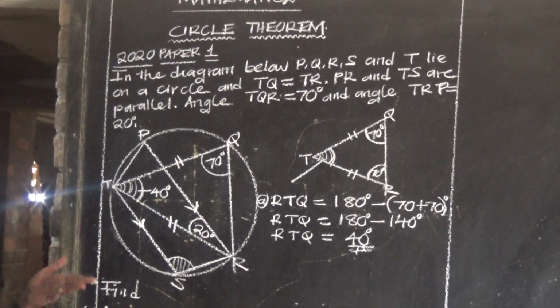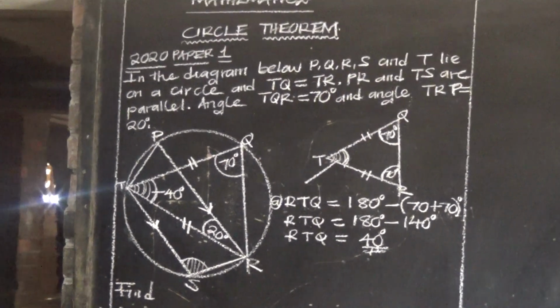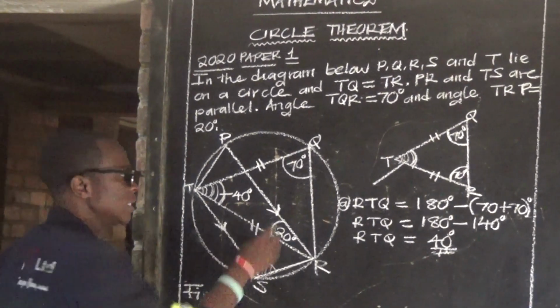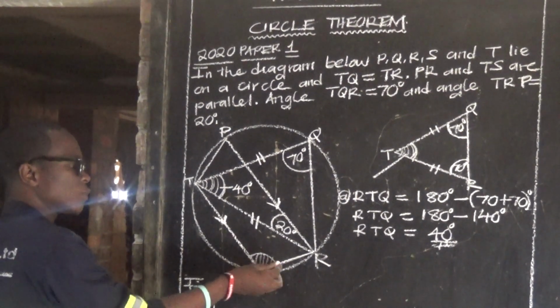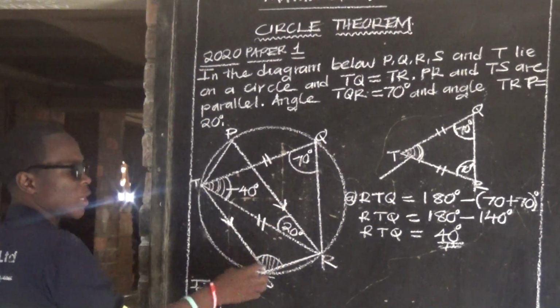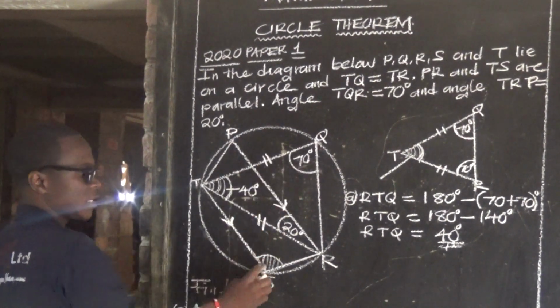When I say they are supplementary, I mean they add up to 180. Are we together? So in this case, since this is 70, and these two add up to 180, we just say 180 minus 70 degrees, and you get this angle.